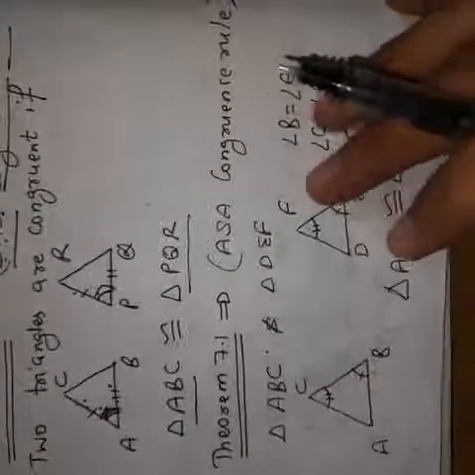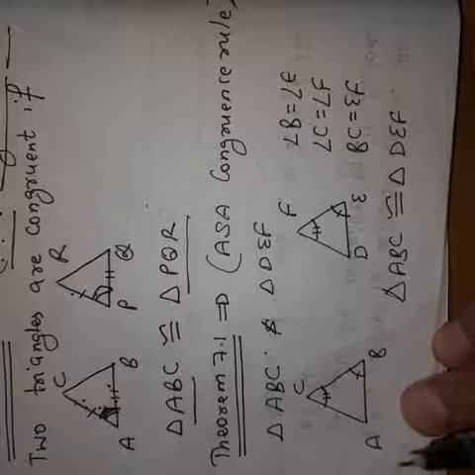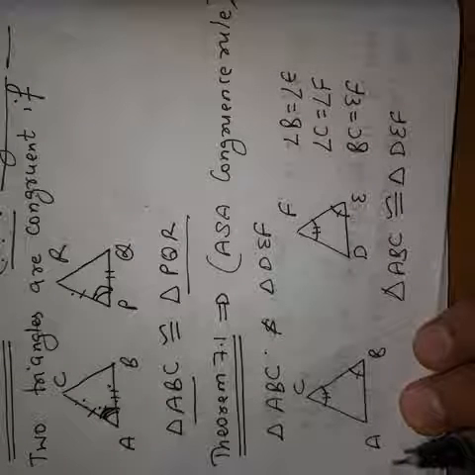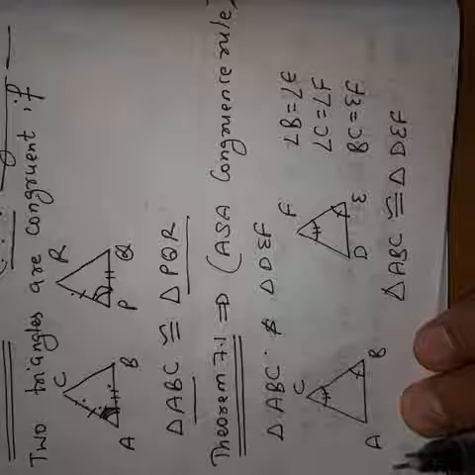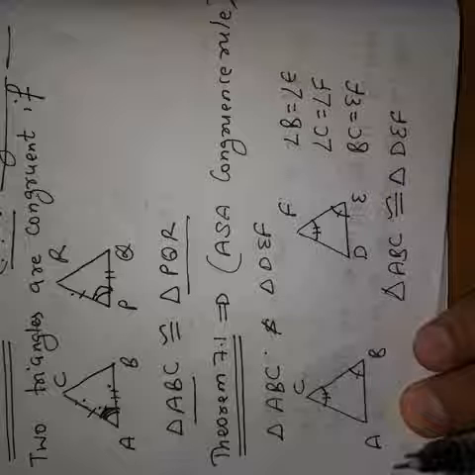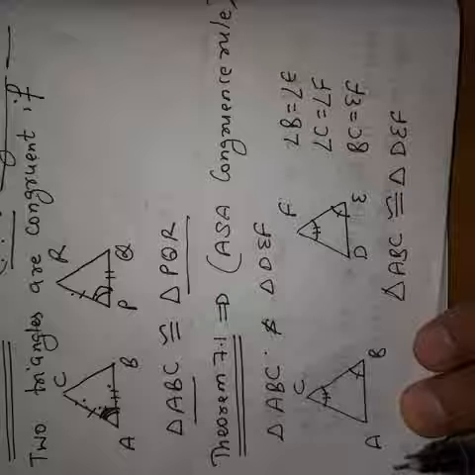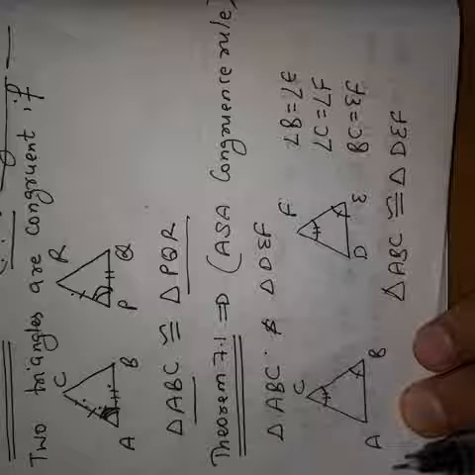Now we will learn theorem 7.1. Theorem 7.1 also have its proof, but your proof is excluded or removed from your syllabus, so we will not go for proof. I will simply explain you statement of this theorem 7.1.